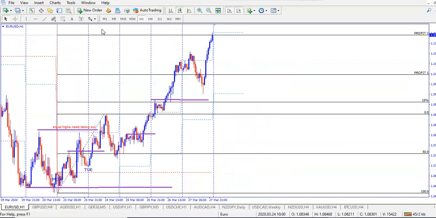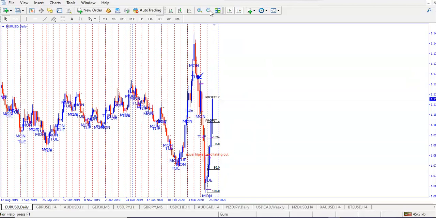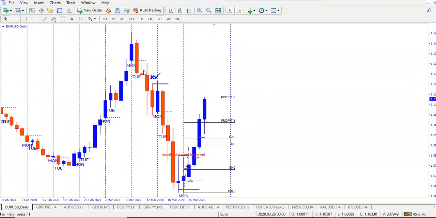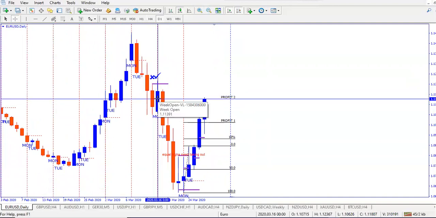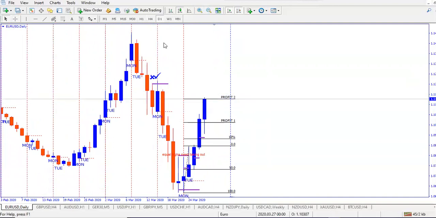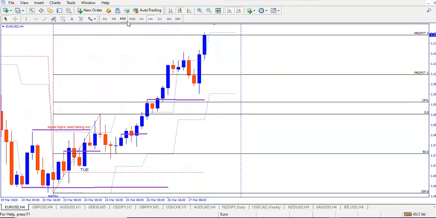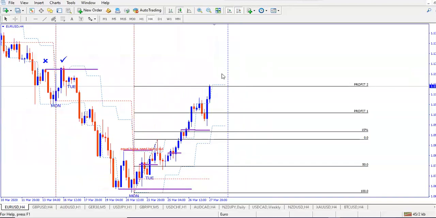EU, daily. It's come into a bearish order block, which I think it's going to sell for a retracement. So this is what I think is going to happen.